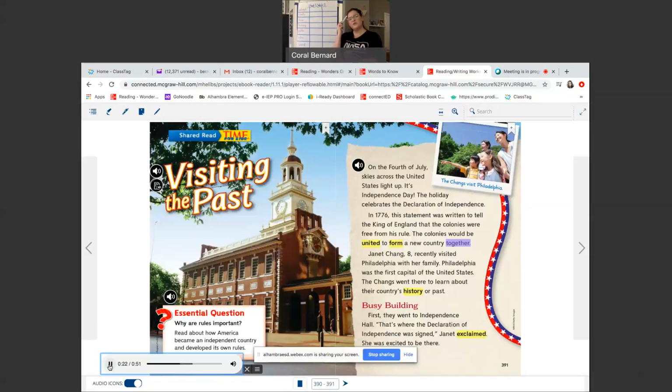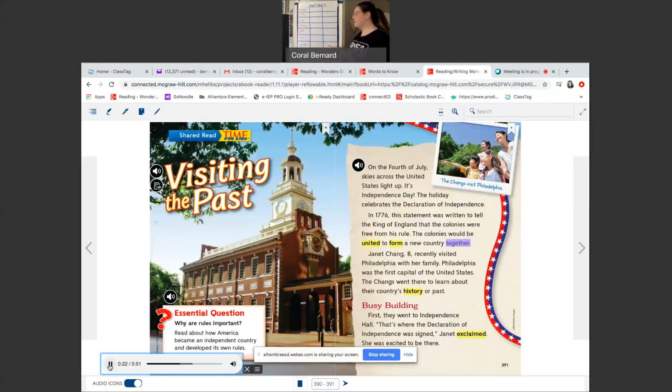There's a clue word in that sentence that tells you what united means. Together is your clue word there. So find the word united on your anchor chart. United means together. When people are standing together, they are united.